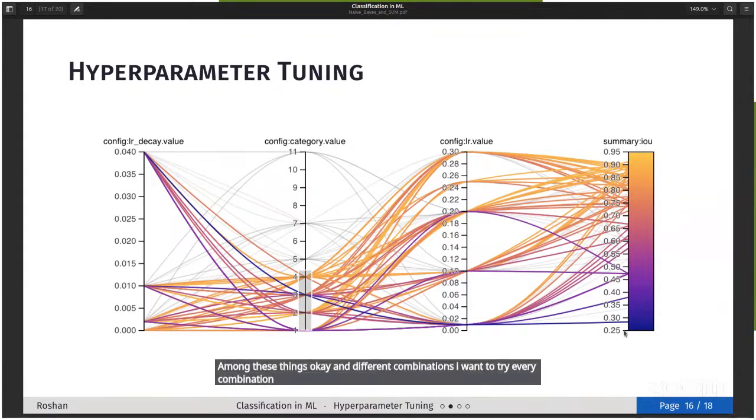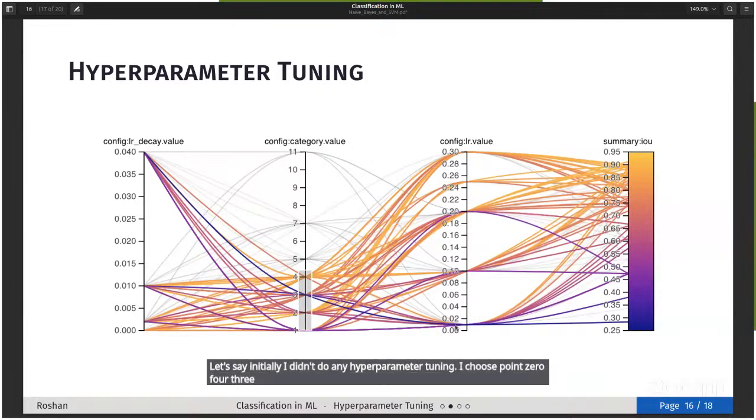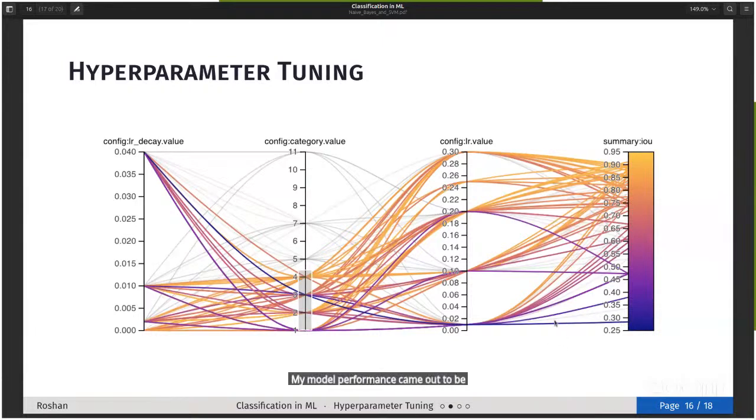And as you can see, let's say initially I didn't do any hyperparameter tuning. I choose 0.0430. Okay. My model performance came out to be around 0.3 only. It's not very good. Okay. Then I tried 0.0440 and this gave me around 0.85.